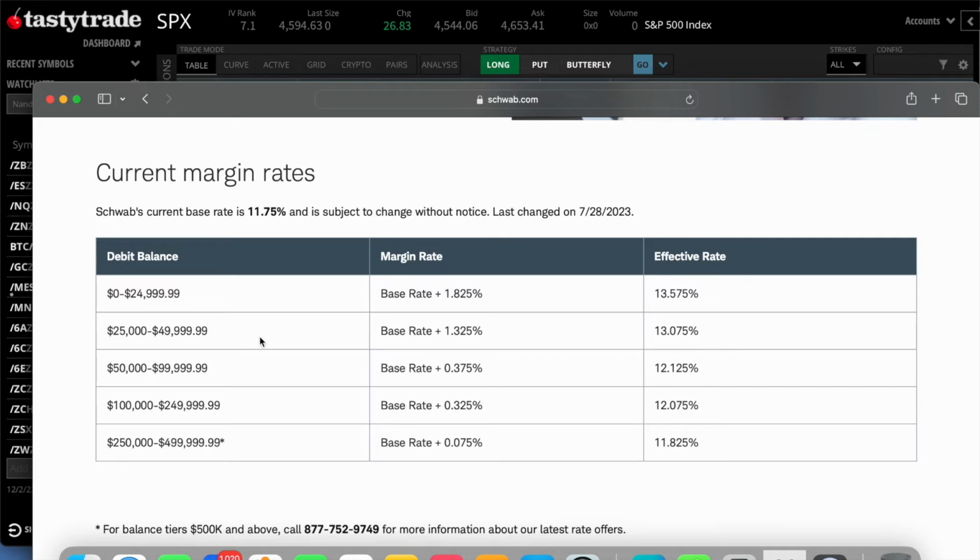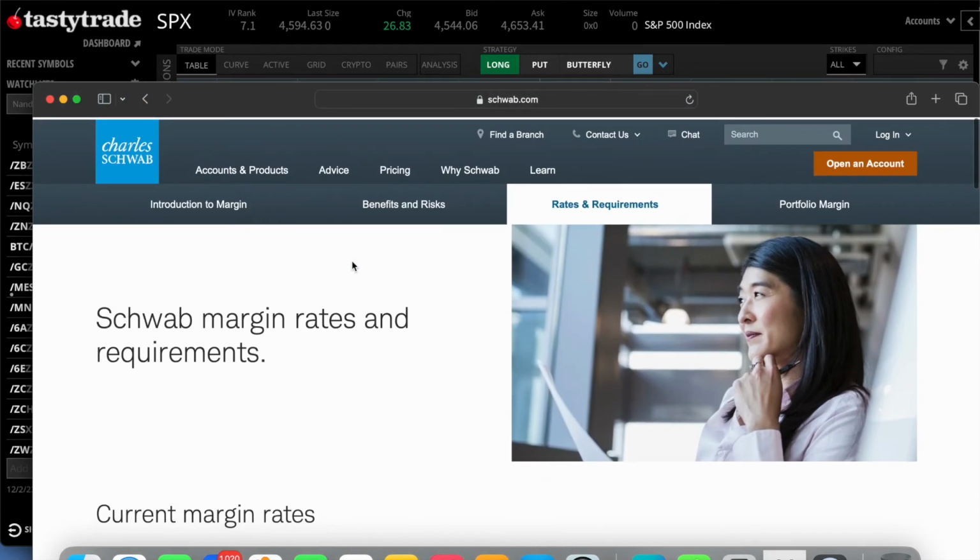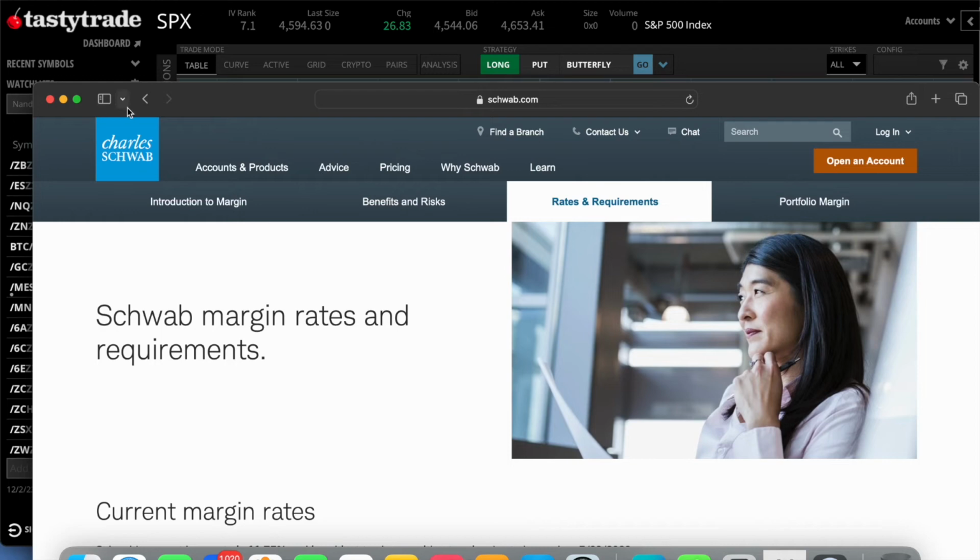So if you buy 20,000 worth of stock and you margin half of it, you're going to be paying 13.575 on the 10,000 that you're borrowing. If you borrow more, you pay a little bit less. But notice these rates range from 13.575 to 11.825, which is a lot, I think.